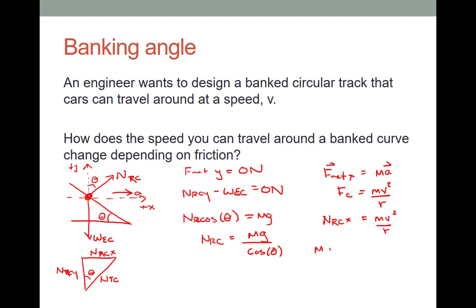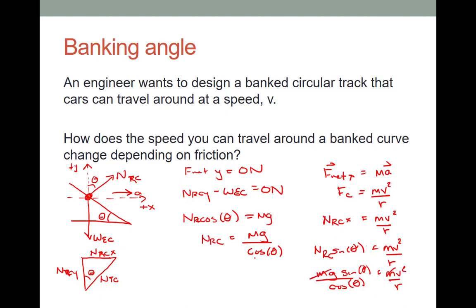I have n_RC sine theta, sorry, equals mv squared over r. I can plug in my value for n_RC, which is mg over cosine of theta, times sine theta, equals mv squared over r.